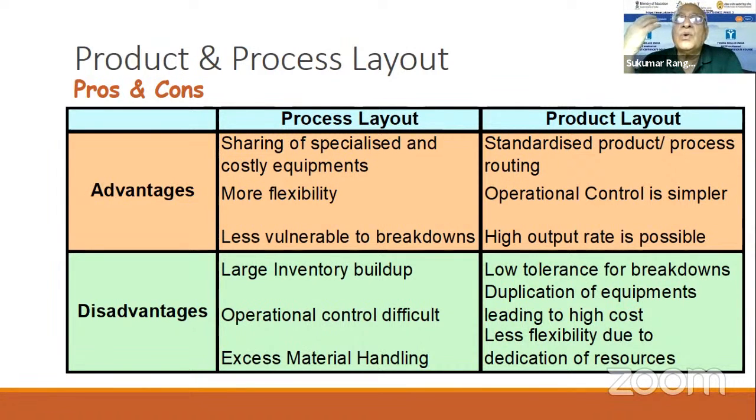MRI costs in crores. You can't have a line layout for an MRI machine for each department, whereas you can afford X-ray machines for every department. So duplication of equipment leads to high cost, and less flexibility due to dedication of resources, because you can't move this equipment from one place to another that easily.